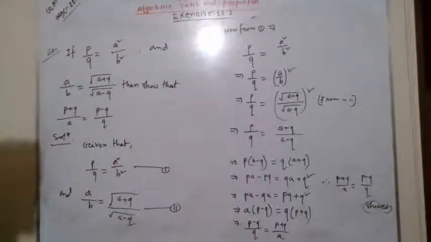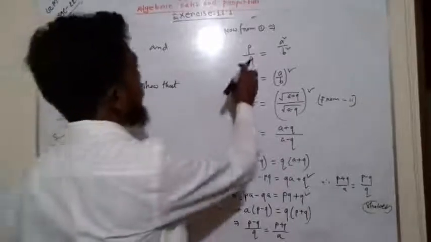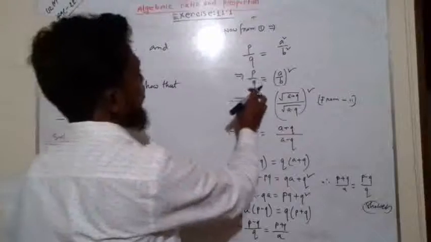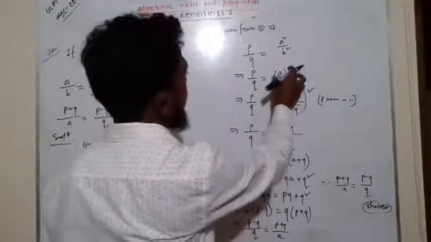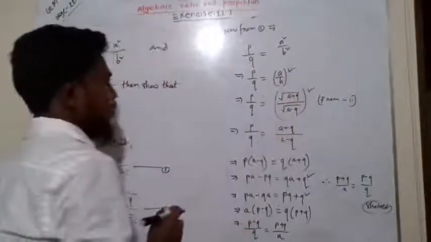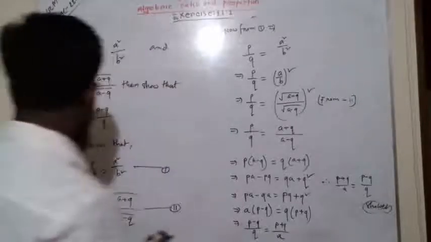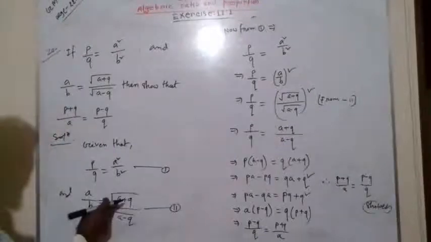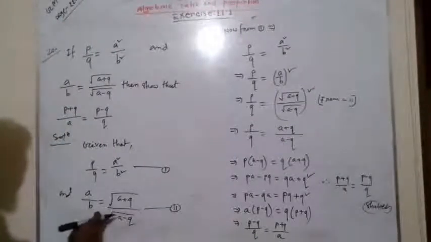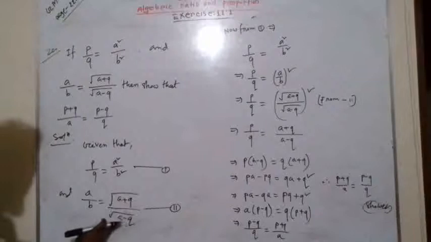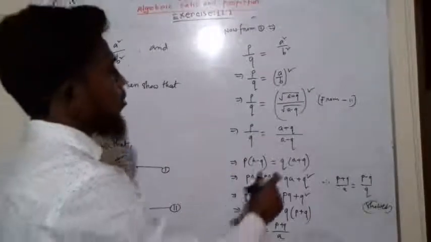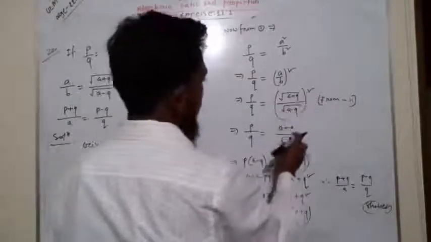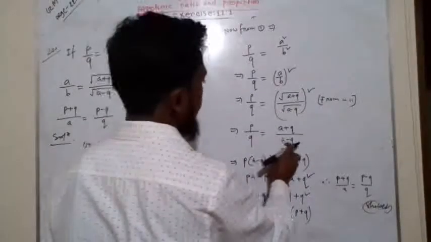Now from equation 1, p/q = a²/b², so we can write p/q = (a/b)². Now putting the value of a/b from 2, we have this whole square, square root cancels, so (a + q)/(a - q).